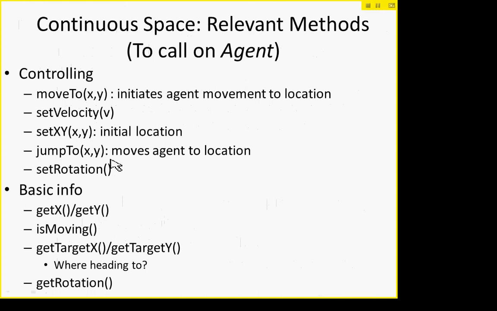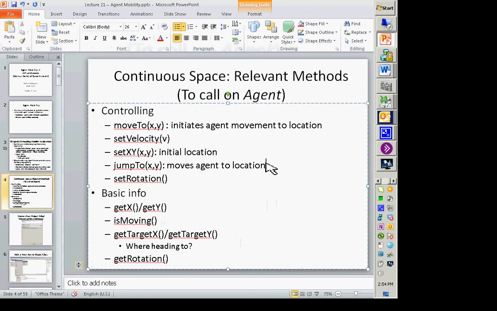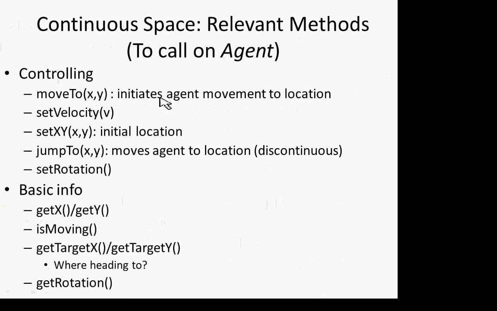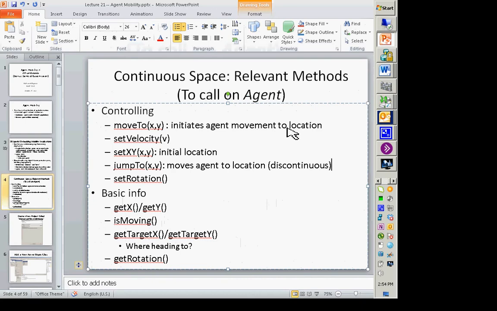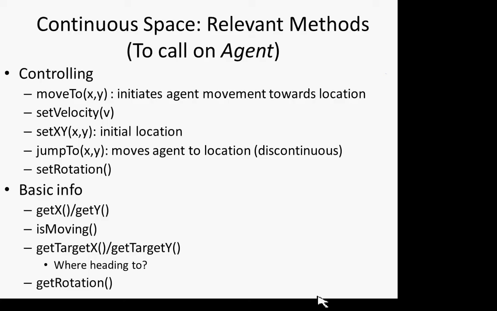By contrast, move to initiates agent movement towards a location. They start moving towards the location with the velocity that's been set by you or the default velocity.